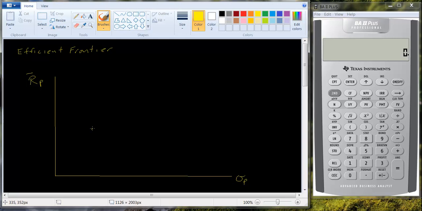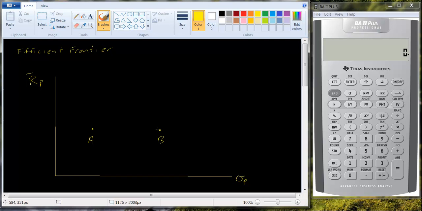Let me give you an example here. Let's say we have a portfolio A, and let's say we have a portfolio B. So we have two portfolios, but are they equally good? Well, let's look at A. A has a certain level of risk and a certain expected return.